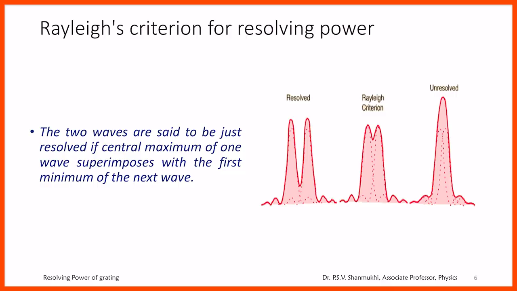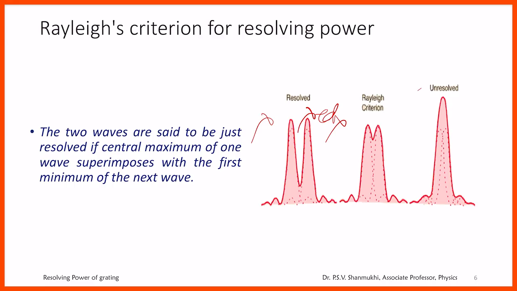Coming to Rayleigh's criterion for resolving power: the two wavelengths lambda and lambda plus d lambda are said to be resolved if the central maximum of one wave superimposes on the first minimum of the next wave. Then only the two waves are said to be resolved.